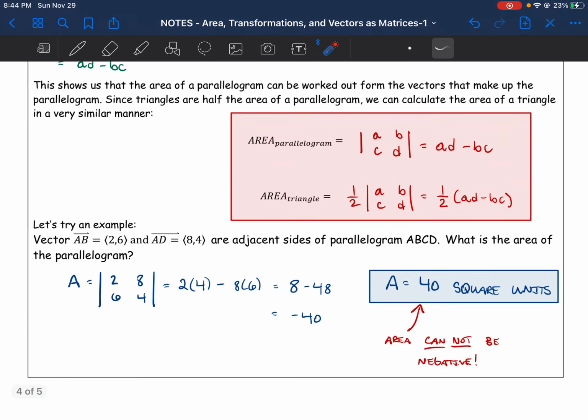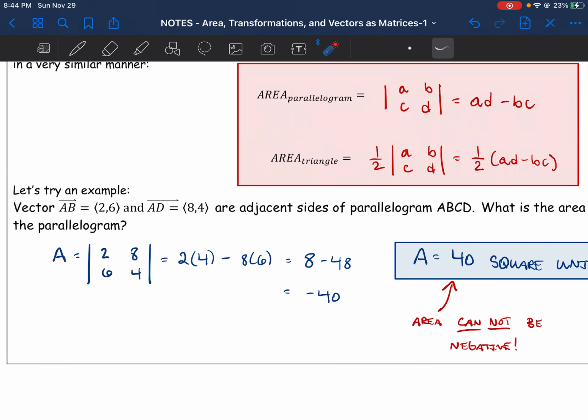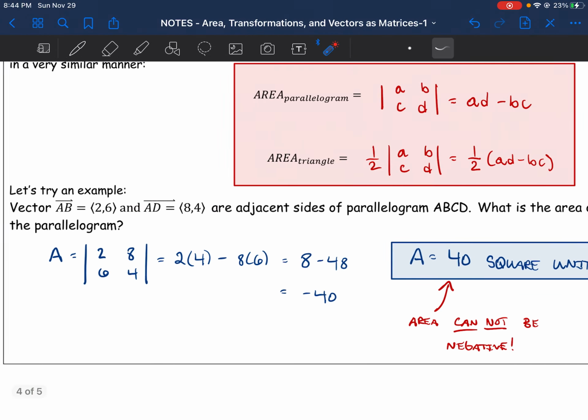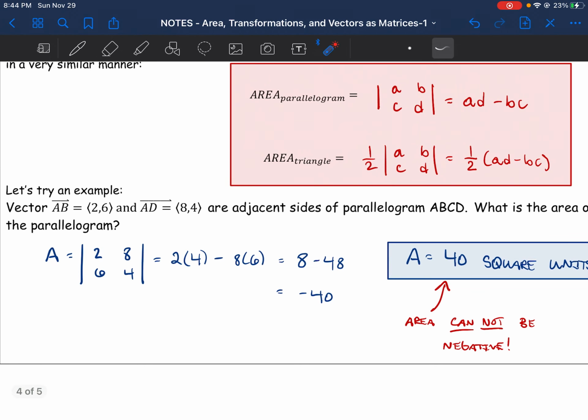So let's give it a try. In this example, we have vector AB is 2, 6, vector AD is 8, 4, and these are both adjacent sides of parallelogram ABCD. We want to find out what is the area of the parallelogram. Well, we have 2, 6 and 8, 4. I'm going to go ahead and turn those into a matrix.